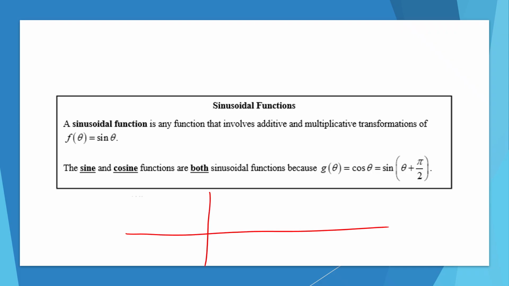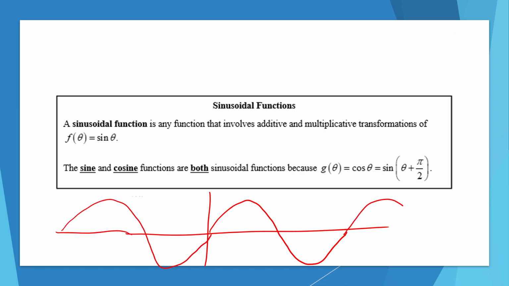So if we take a look, this is the graph of sine. Let's draw a few more periods here. So this is the graph of sine. Now let me sketch the graph of cosine. So cosine is going to look like this. Let me draw a few key points.